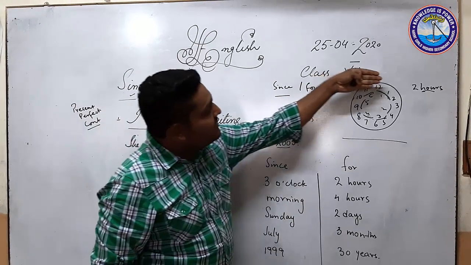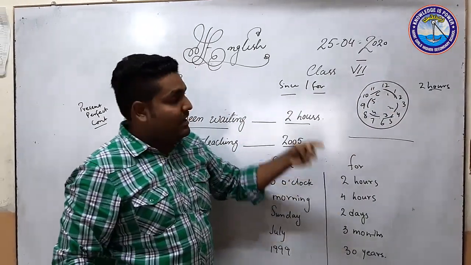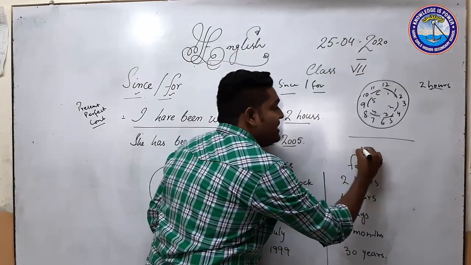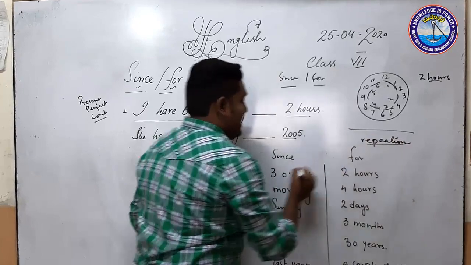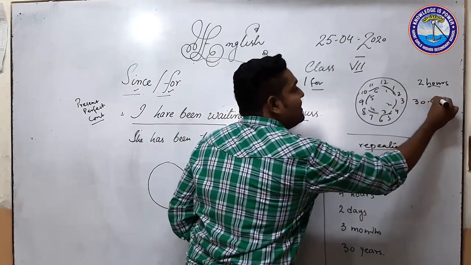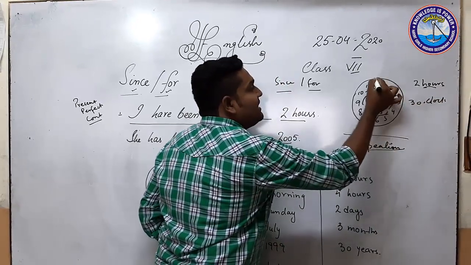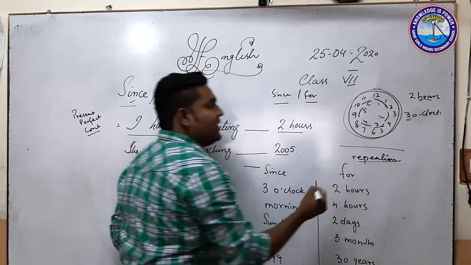There are 6 times you can see 2 hours in the clock. It means that there is a repetition of time, a place where the time repeats. Since, if I say 3 o'clock, then you can see that in the whole circle there is only one time we can see 3 o'clock.